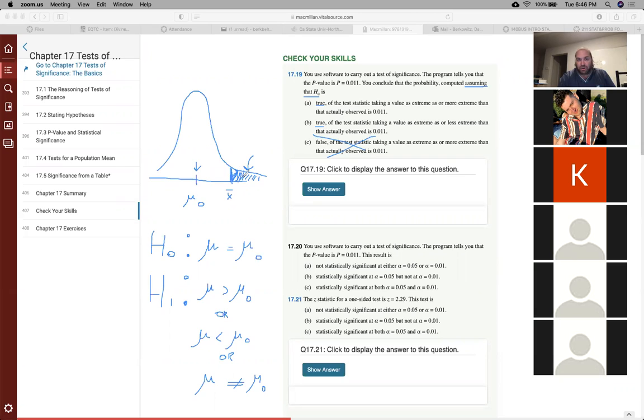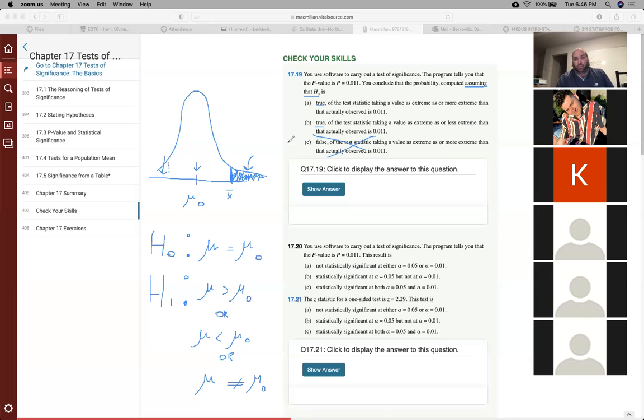Besides landing in here, where else could I land to be further away from here than what I actually got? Is it on the other side of the tail? It would be exactly. If it's two-sided, then if I go to the other side, it's also being in the symmetric, diametrically opposed area.